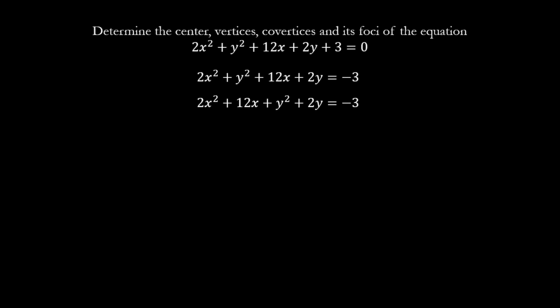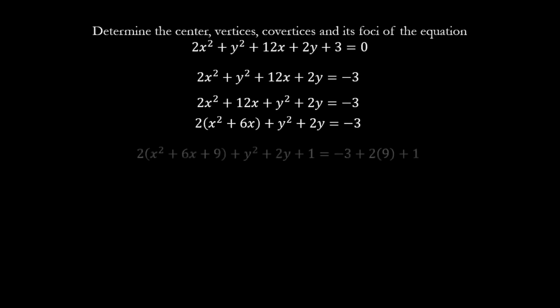Okay? So factor muna natin si 2. Then completing the square, so x squared plus 6x, get the 6 divided by 2, that is 3 squared, that is 9. Okay, for the y squared plus 2y, 2 divided by 2, okay, 1 squared is positive 1.